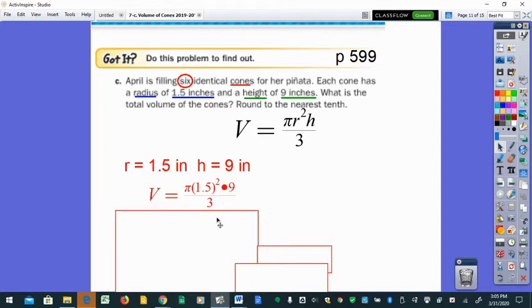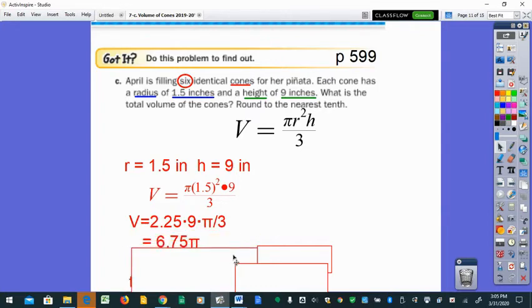The 1.5 squared gives me 2.25. I multiply it by 9 and divide by 3, and you should see 6.75 pi. This is called the exact answer. We haven't approximated and we haven't multiplied by pi yet, so that would be precise.